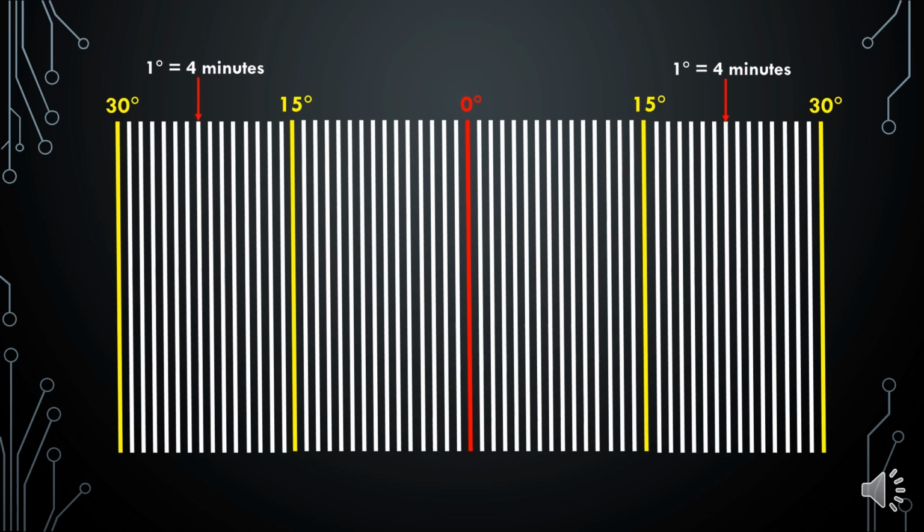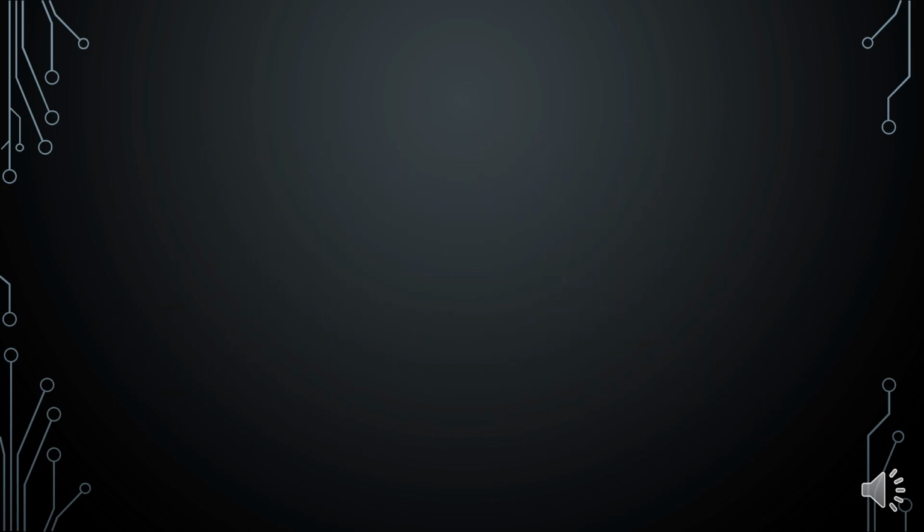As you can see illustrated here by the diagram, 1 degree is equal to 4 minutes. That is the reason why when we do get a remainder, we must convert the remainder into degrees. Then we're going to multiply our degrees by 4, since 1 degree is equal to 4 minutes.